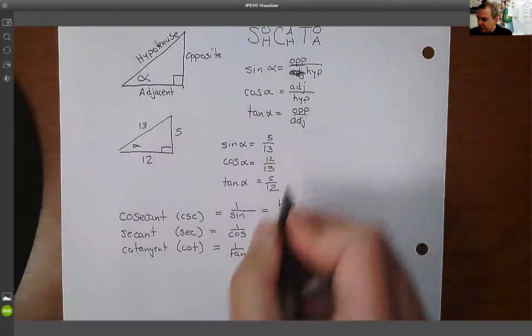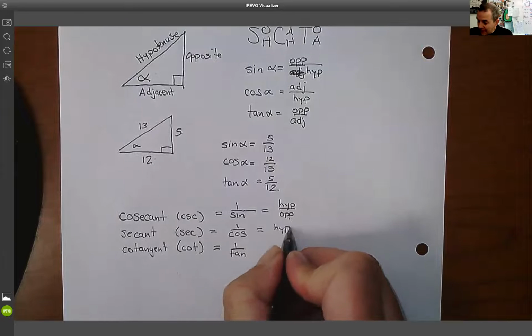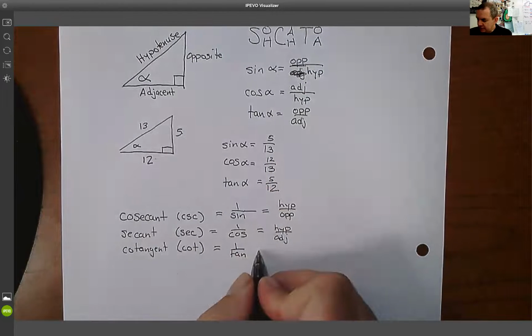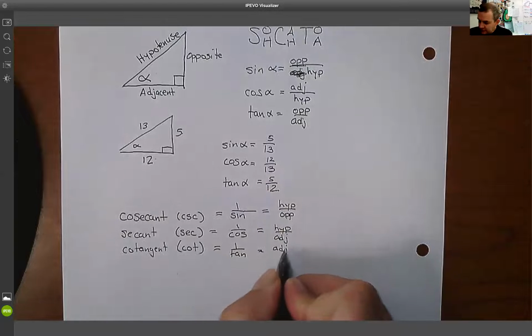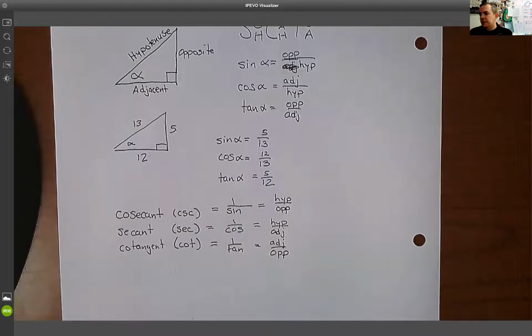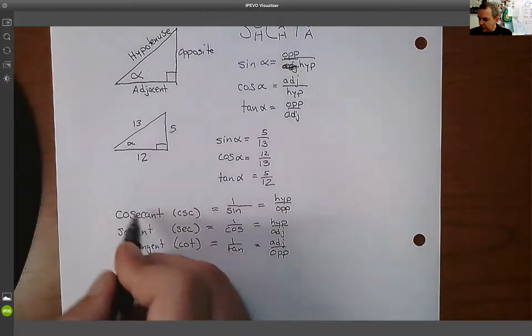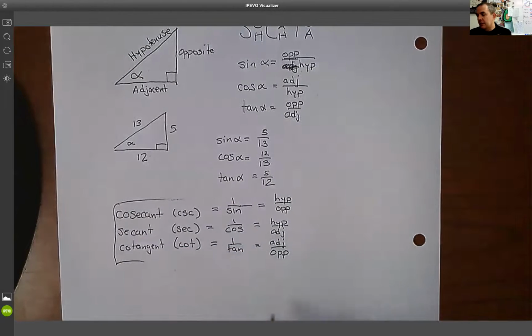Since cosine is adjacent over hypotenuse, secant is hypotenuse over adjacent. And since tangent is opposite over adjacent, cotangent is adjacent over opposite. Those are the way we define these three other ones. Again, these are formulas that you'd probably want to write on that index card.